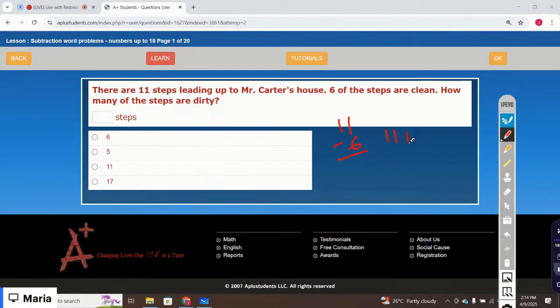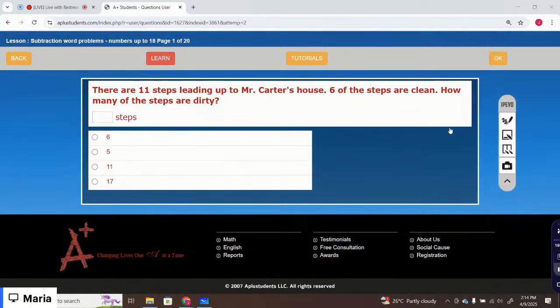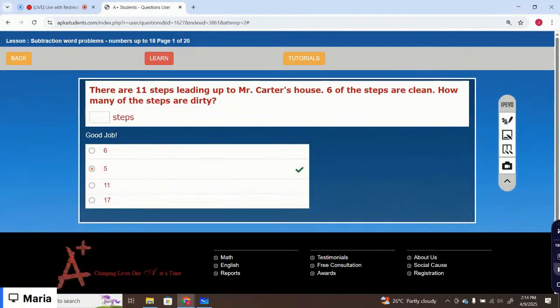So 6, 7, 8, 9, 10, 11. So 11 take away 6 is 5. Option number 2 is the correct option.